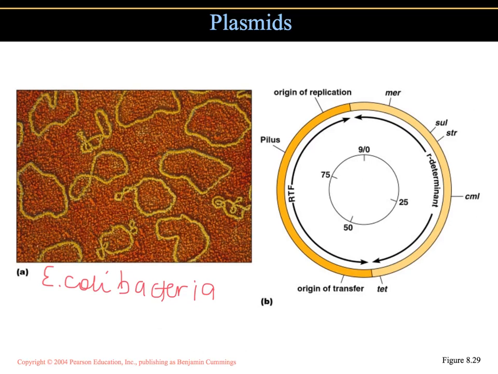One group is the RTF, and that includes genes for plasmid replication and for conjugation. Then there's another group called the R determinant, and these have resistance genes. These resistance genes, which I'll show here in the green, code for production of enzymes that will inactivate certain drugs and toxic substances.